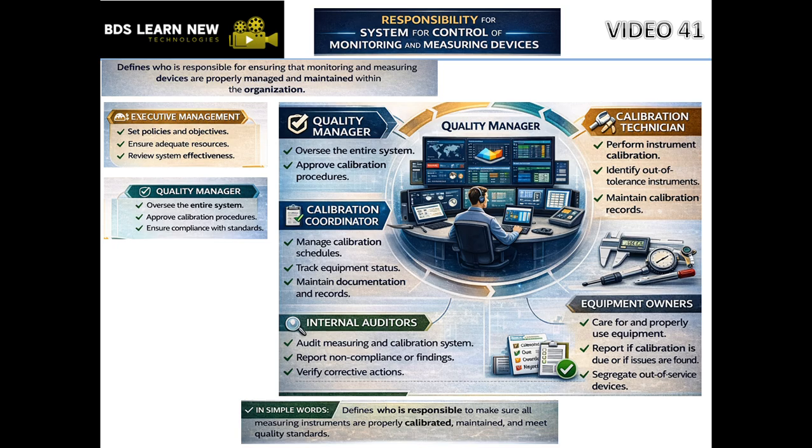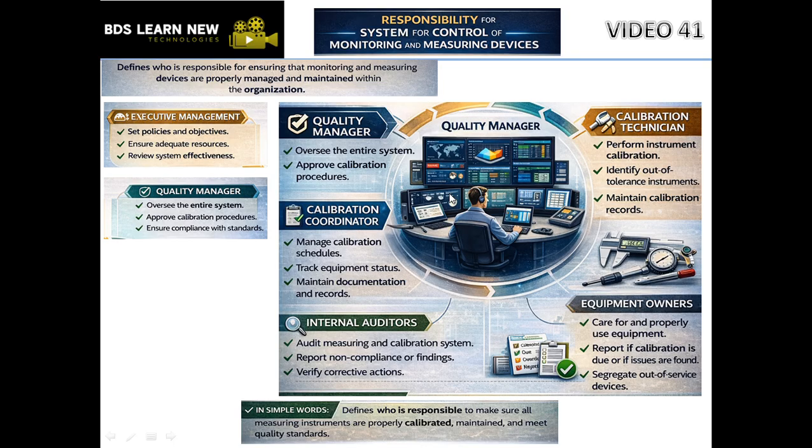Segregate out of service devices. Now equipment owners are the real users, like we have the quality inspectors who are using these equipments, right? Now whenever they are getting some problem with the equipment, what they will do, they will tell this quality manager that we are getting this problem.